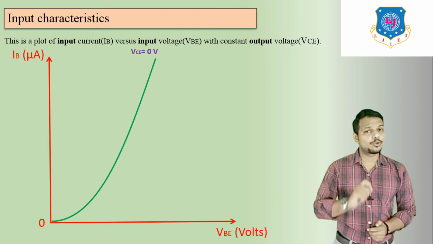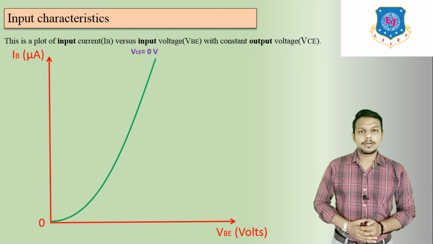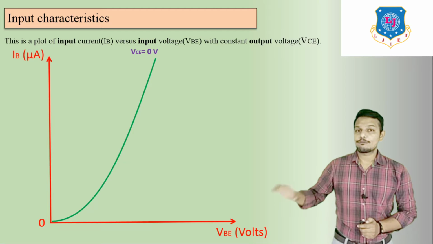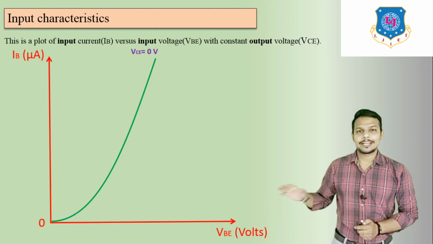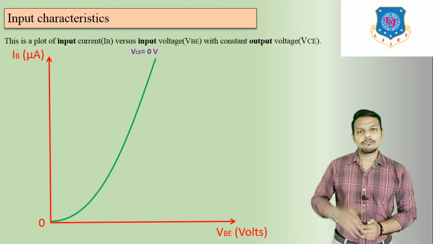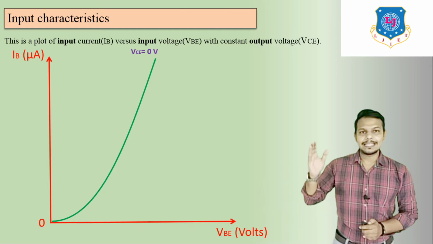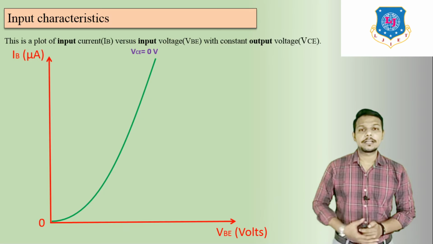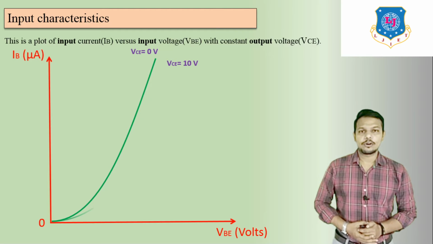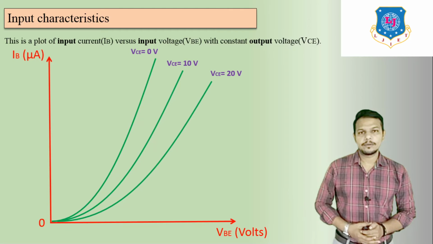At VCE equal to 0 volt, your graph is like this. Why? Because this is basically in forward bias, in the forward region. That's why your characteristic is like the forward region, the PN junction diode's VI characteristics basically. If we increase VCE's value, then your graph should be like this: VCE equal to 10 volt, VCE equal to 20 volt.